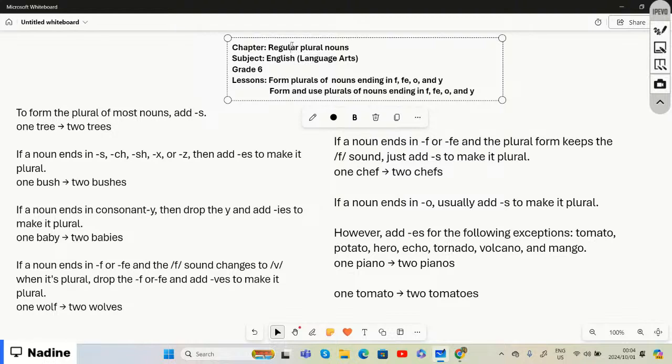The lessons that we are going to be focusing on under the chapter of regular plural nouns are to form plurals of nouns ending in f, fe, o, as well as y.